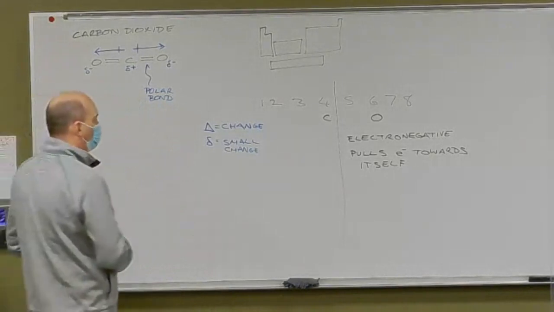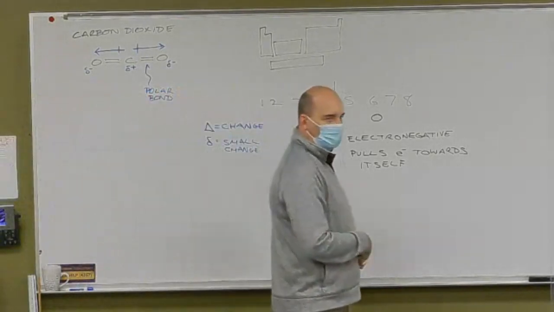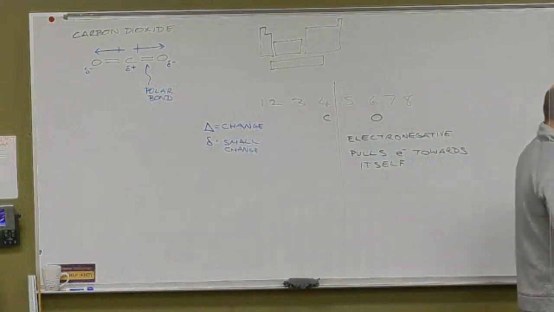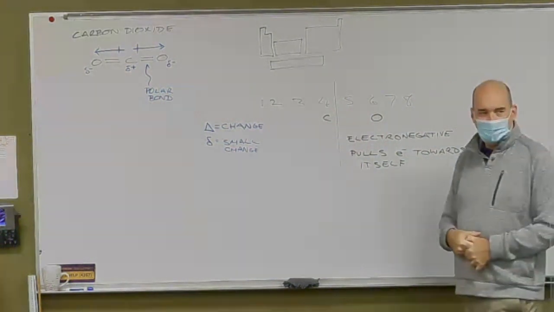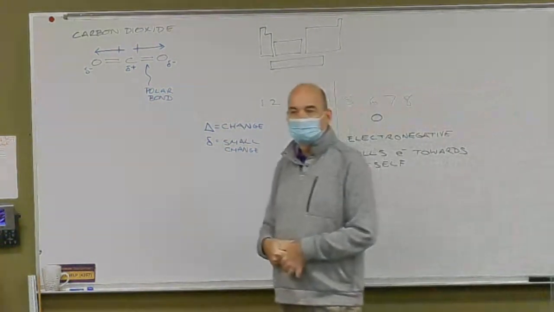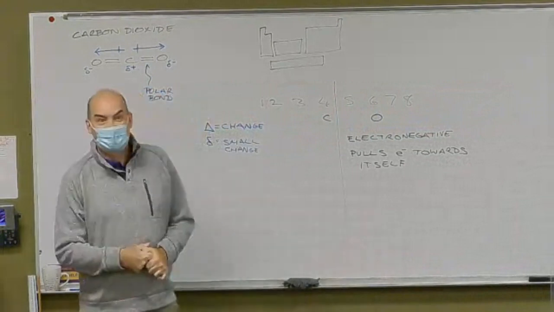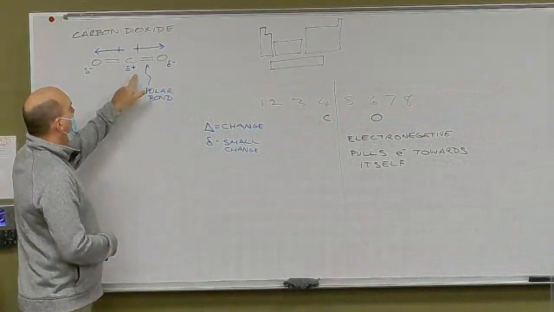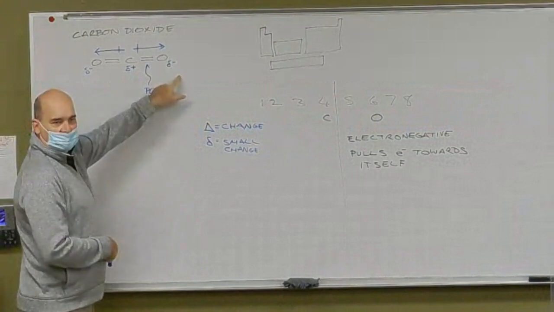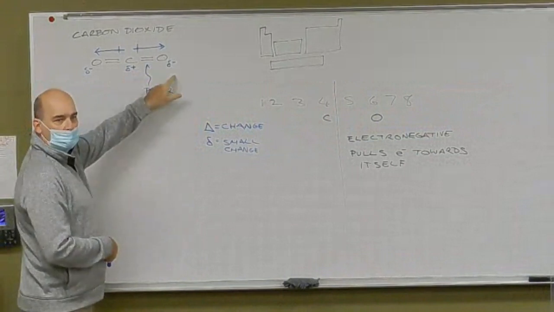Bonds can be non-polar if they are made between atoms that do not have significant differences in electronegativity. There is a significant enough gap between group 4 and group 6 to make that bond polar.